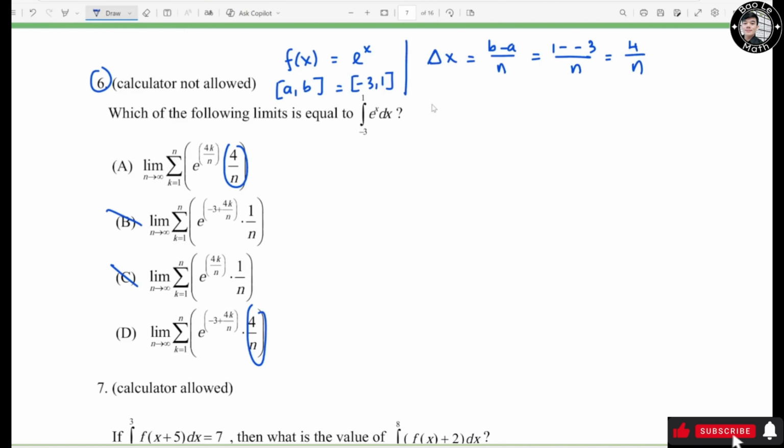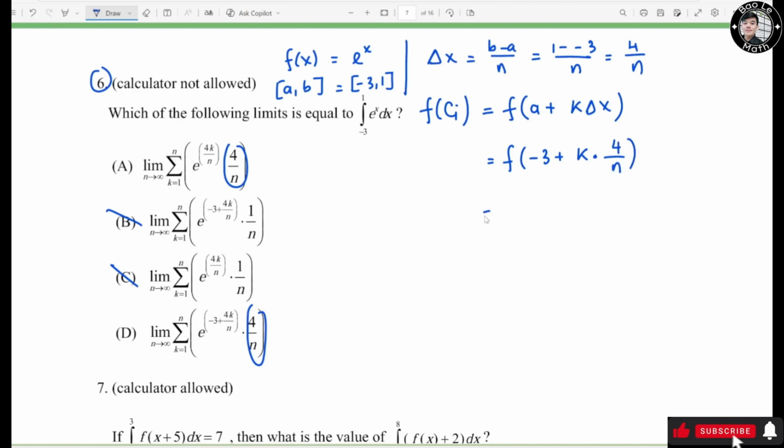Now we need to calculate the length of the rectangle. It's going to be f of ci, and this guy is actually f of a plus k delta s. Now it's going to be f of a equals -3 plus k times 4 over n.